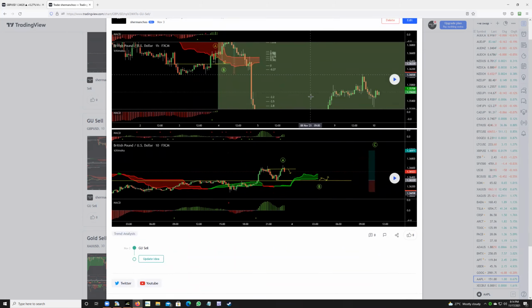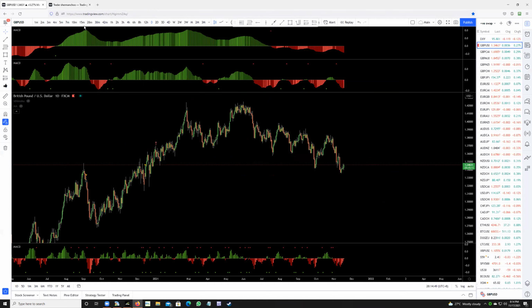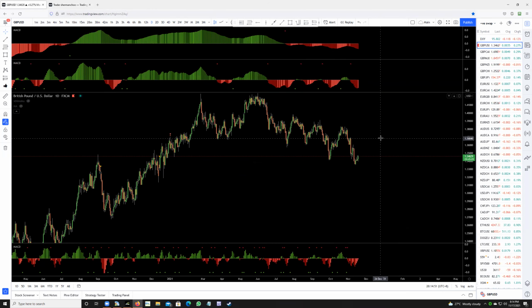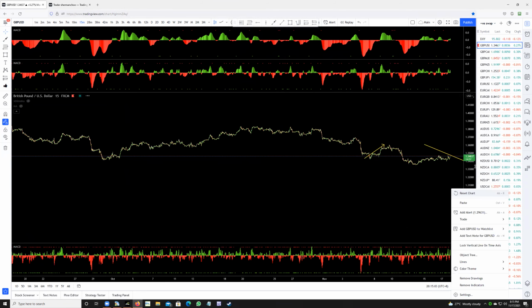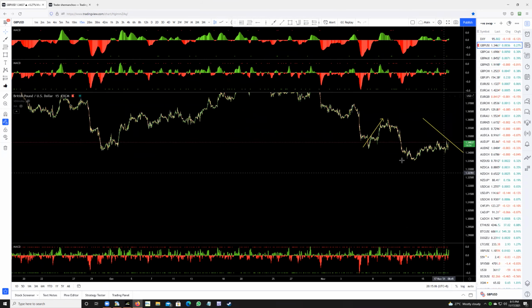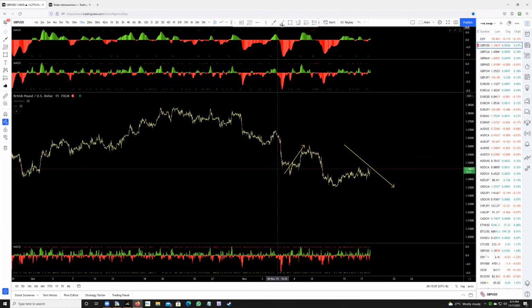So again, even though we are interested in trading the pound to the downside, which is over here, this wave up could also be traded at the time. Which was actually this one over here.